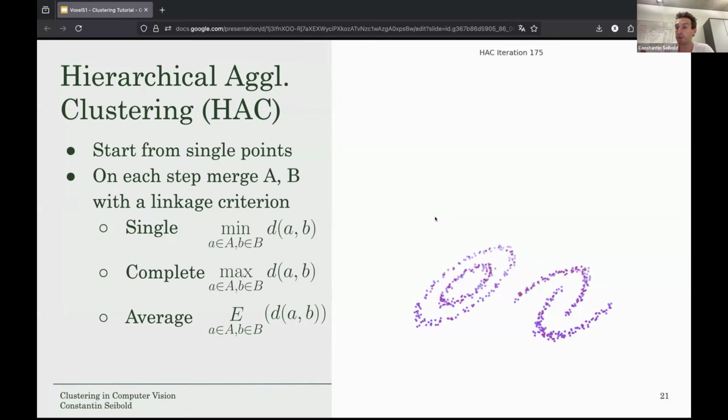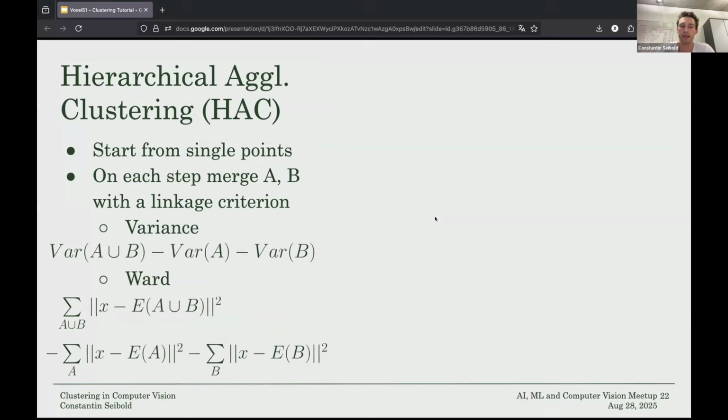This can be really simple, like what is the nearest neighbor of your cluster in your current step? What is the furthest away, or what is the max distance between the individual points of the clusters? Or you can just look at the average distance between the individual clusters.